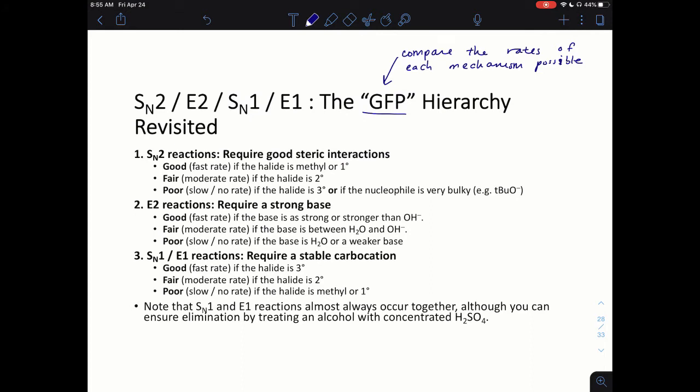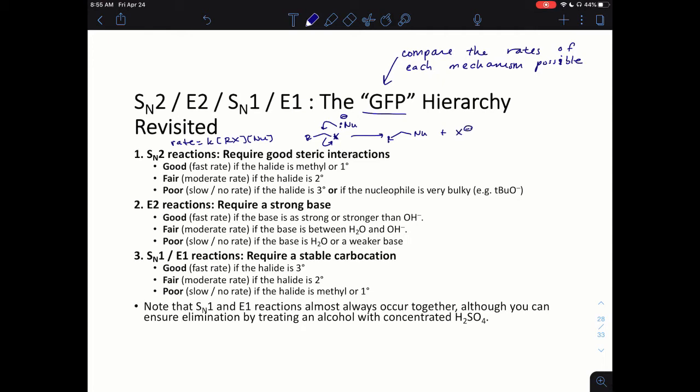So for the SN2 reaction, the rate is little k times the concentration of the alkyl halide times the concentration of the nucleophile. Both of these species are involved in the rate determining step. And so the nucleophilicity of the nucleophile, the leaving group stability, and the sterics of the reaction matter.